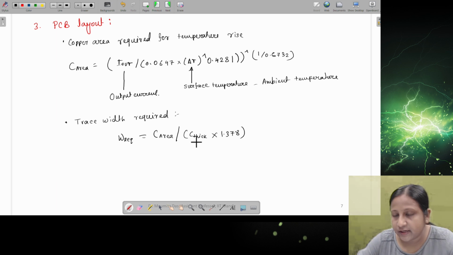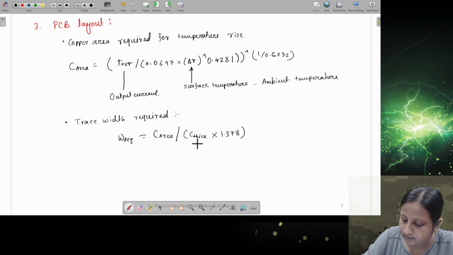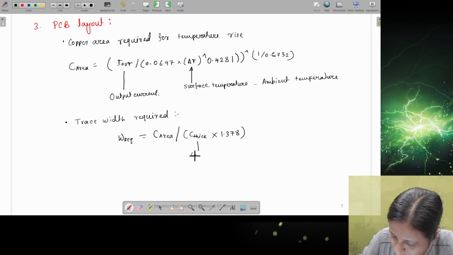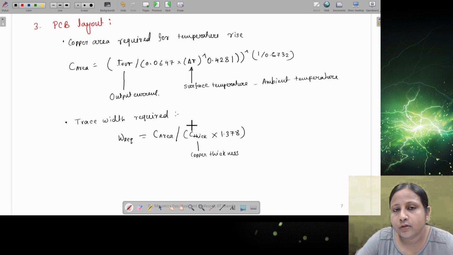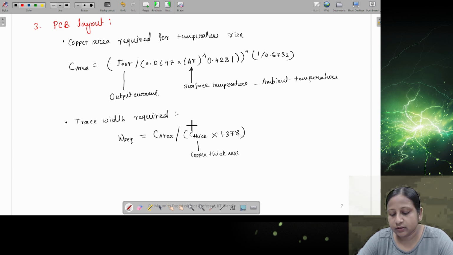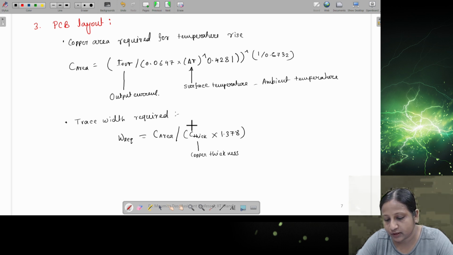So this is the copper area divided by the copper thickness, and this will give you the required trace width. So the copper area in the PCB and the width of the trace can be calculated in this way from the PCB layout, so that the heat rise in the temperature in the PCB can be taken care of.